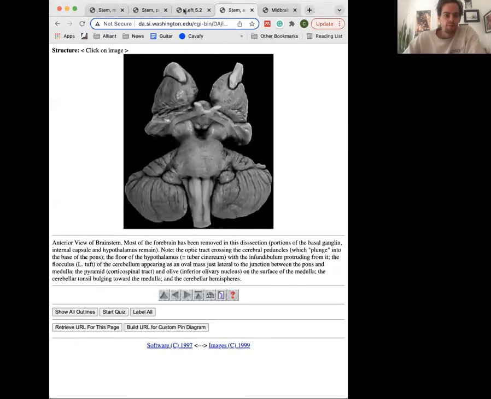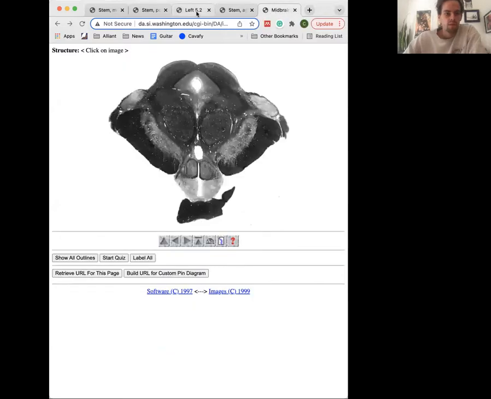Okay, here we go. Here we've got the cerebral aqueduct, which we'll talk more about in a later video. Surrounding that, we have the periaqueductal gray matter.